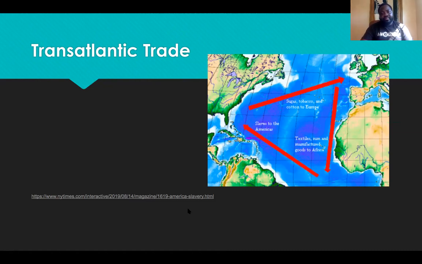And I'll share this in the comments as well. This is a wonderful interactive graphic made for Project 1619, which is commemorating the 400th anniversary of enslaved Africans in the US.